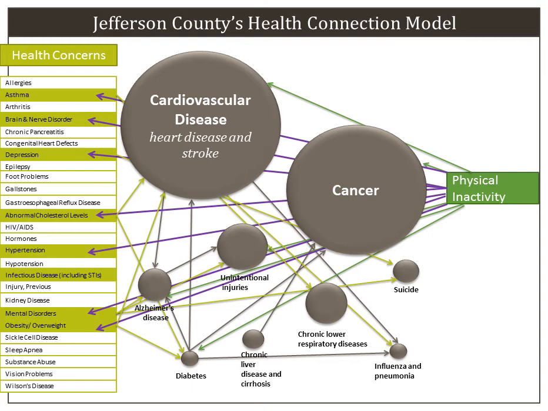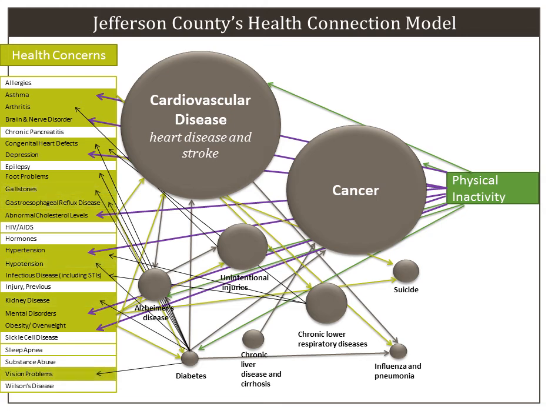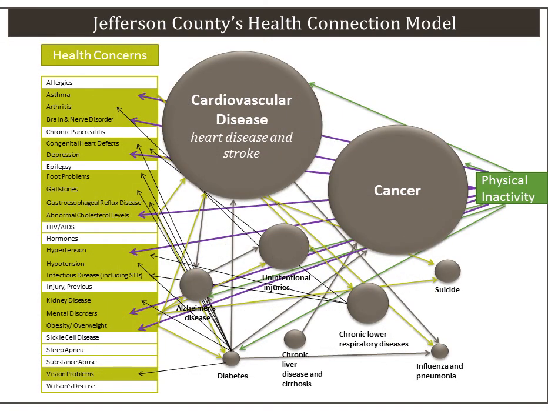Chronic lower respiratory diseases are linked to an increased risk of infections and depression and hypertension. Finally, many of those health concerns are risk factors for other health concerns, which are shown by the black lines.